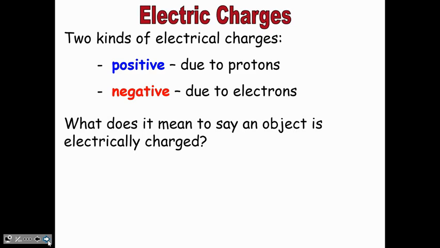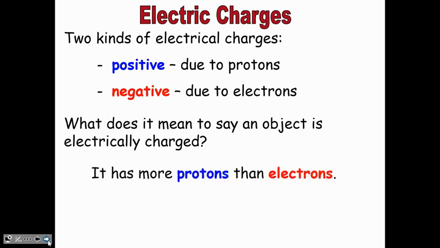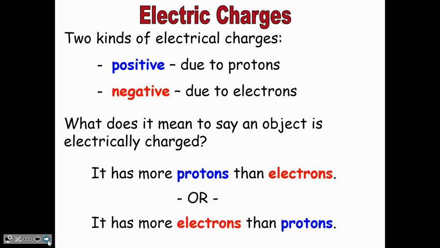When we say that an object is electrically charged, we are talking about the ratio of protons to electrons. If an object has more protons than electrons, it's positively charged. Or if it has more electrons than protons, it is negatively charged.